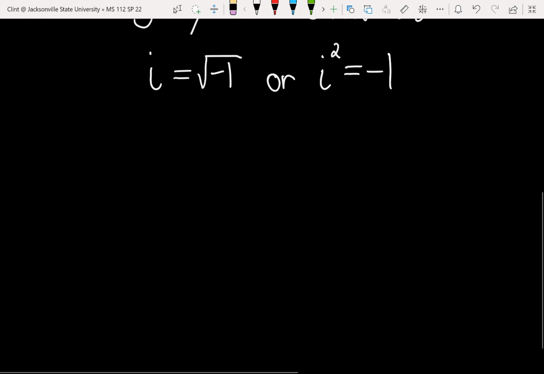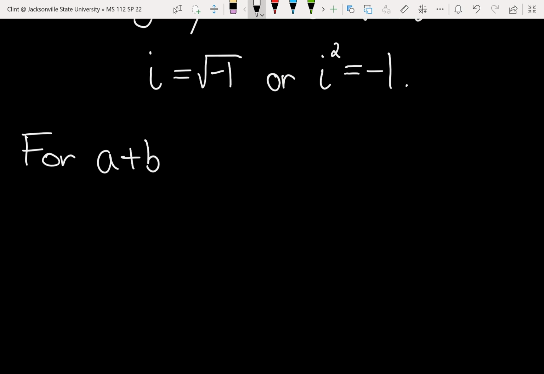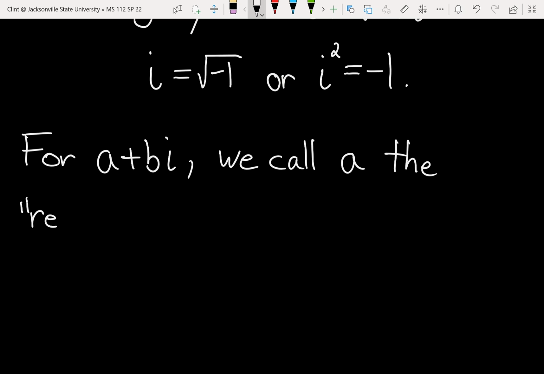Let's get a little more information here. We can write complex numbers as a + bi. The a part is called the real part of our complex number.